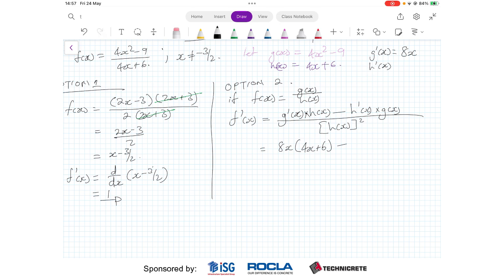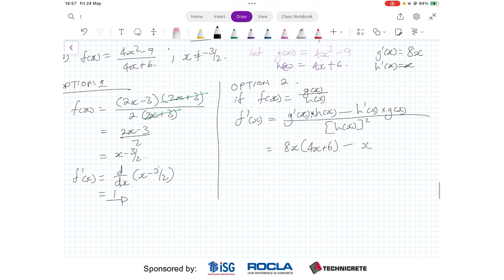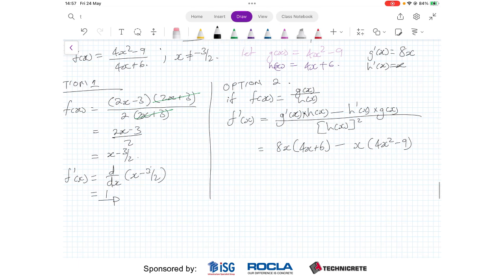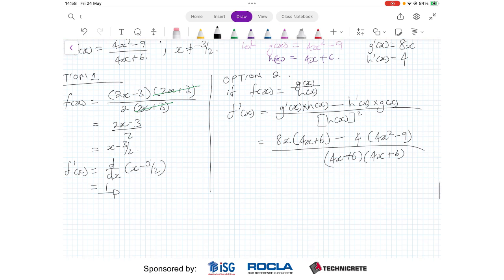The first derivative of h at x is just 4, okay, so this is going to be minus 4 into 4x squared minus 9. Please excuse that error. That is our g at x, divided by 4x plus 6. Let's just write that out in expanded form, 4x plus 6 squared.